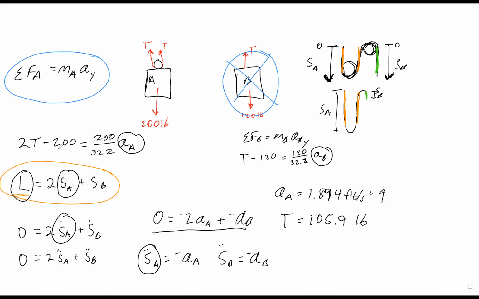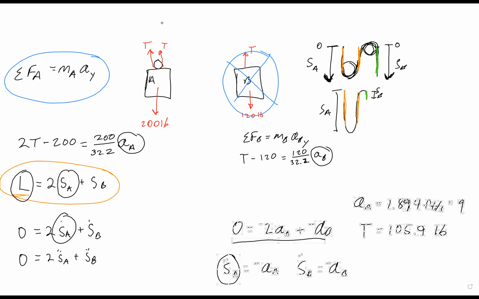And what that means is that we end up with a system. Let me make a little bit of room here. We have our block A, we have our pulley, we have our rope, okay, and there's another pulley, and we just have a force.